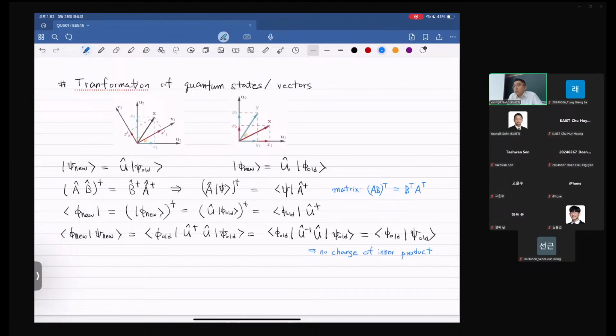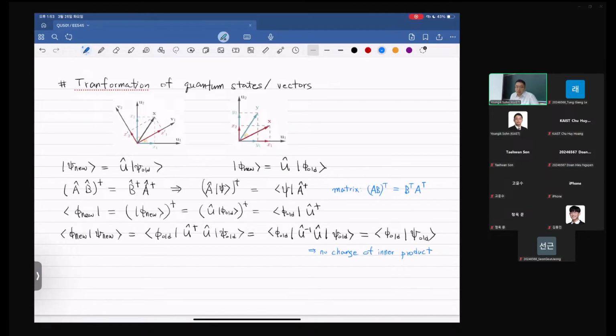This no change of inner product is quite important because we will learn very soon that the inner product in quantum mechanics is interpreted as some sort of probability, probability amplitude. So these numbers shouldn't change when you change basis.